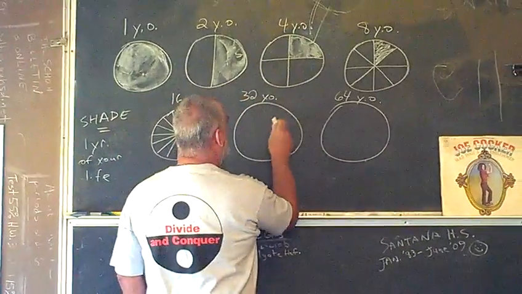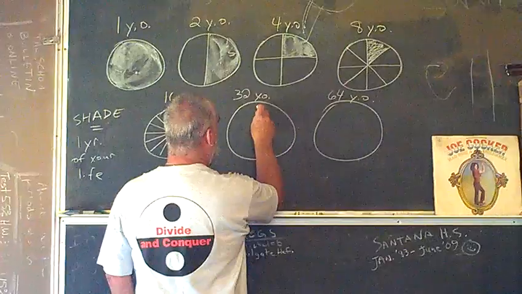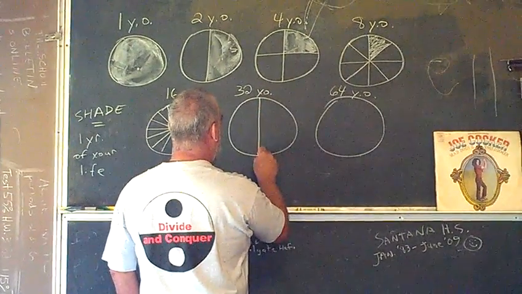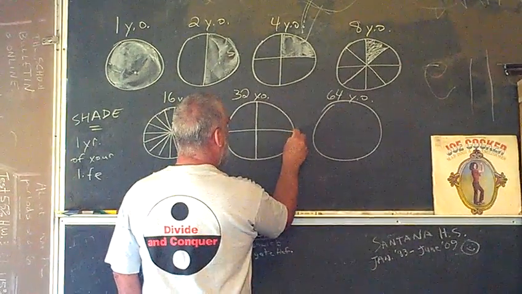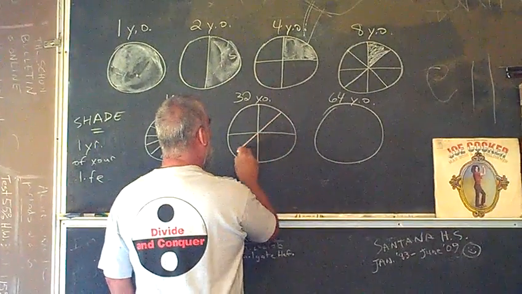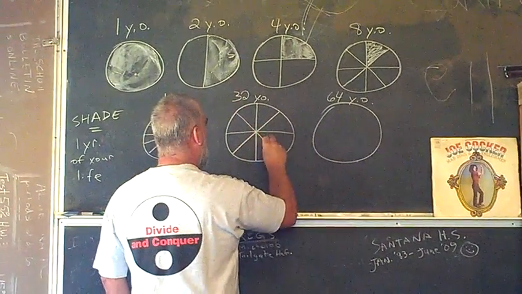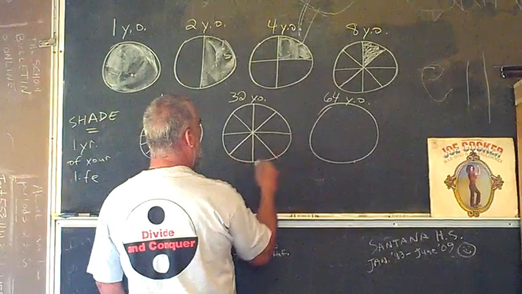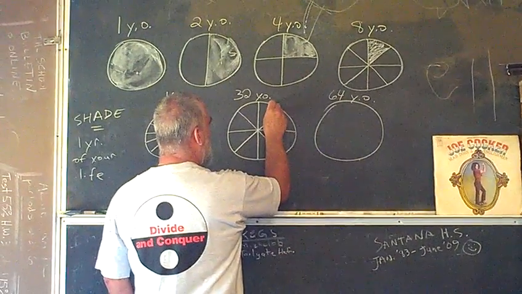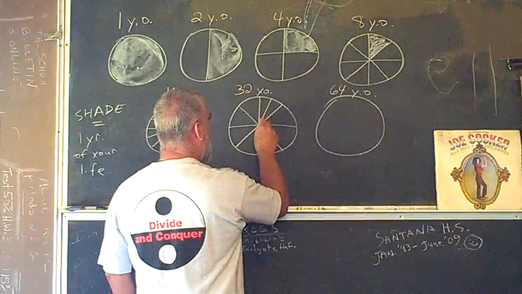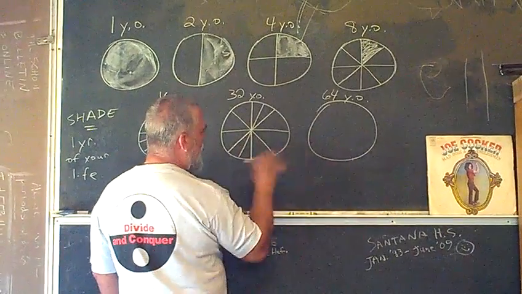So now when you're 32 years old, you're going to have to break this in half, and then in half, so then we got 2, and that would give you 4. Oh no, I forgot. I think this is 8, huh? That's 8. And then this one would be 16. I'm not going to do the whole thing.